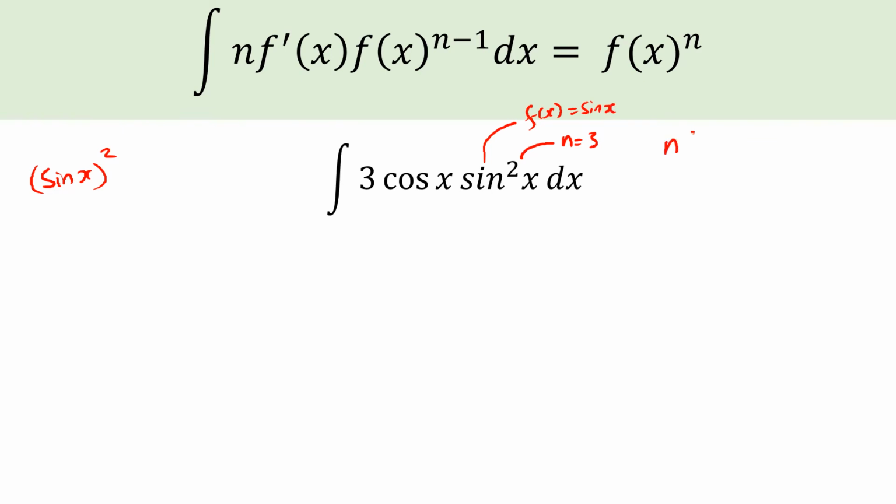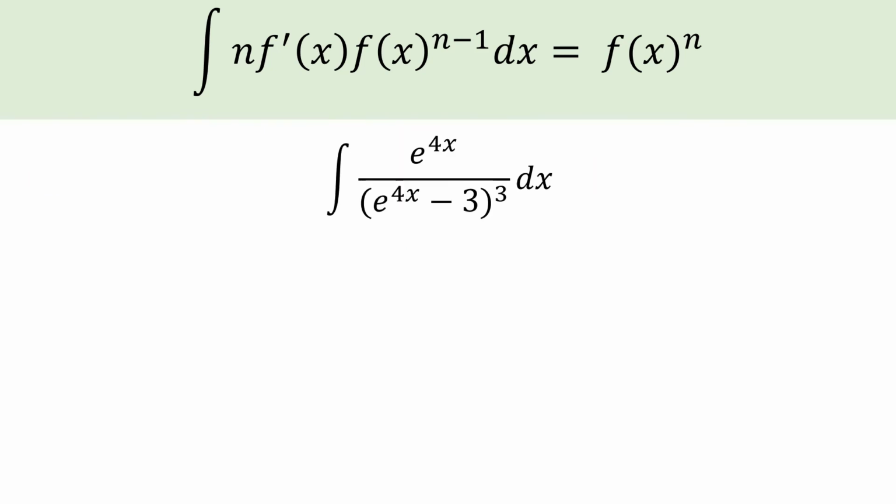So we need to find an expression for n f dash of x, which is going to be 3 times cos x. So it's 3 cos x. We already have that at the front, so this is already in the form n f dash of x. So we're good. We can just go to f of x to the n. We can just go to sine cubed x plus c.